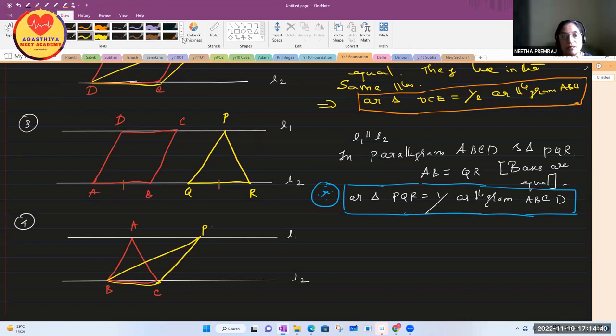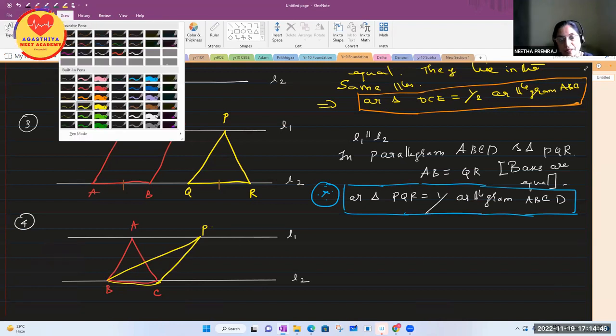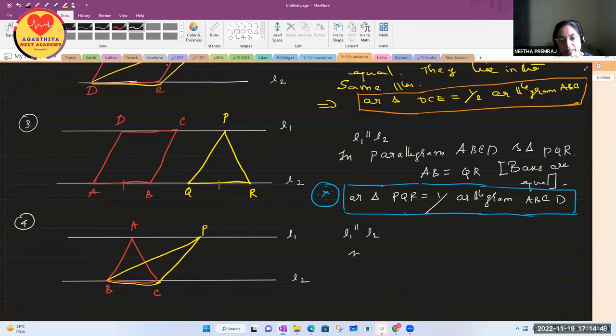So what is given in the sum? L1 is parallel to L2, and in triangle ABC and triangle PBC, BC is common, isn't it? Yes, ma'am. So which implies area of triangle ABC is equal to area of triangle PBC.